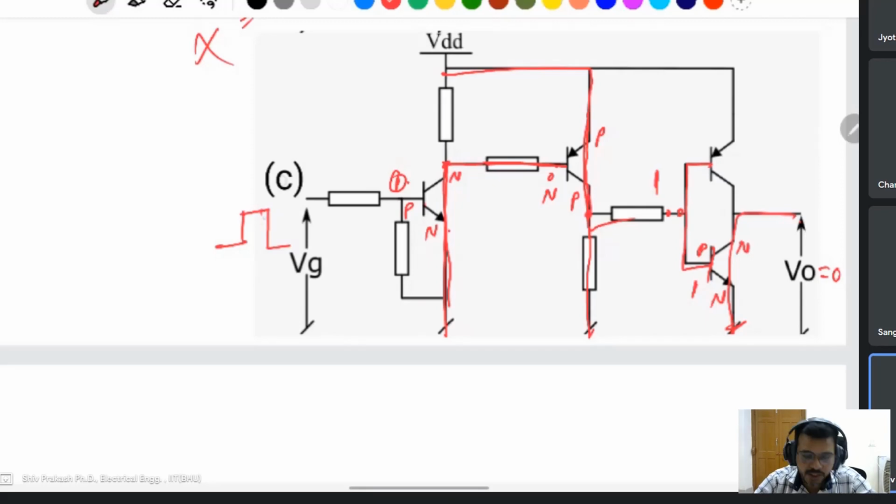It means the pulse is high, the output will be 0 because of this one. If this one is high, it means the same voltage appears here, then this will be high. The transistor will be on. This transistor will be off. It will behave like an open circuit, but this one will be a short circuit. Then the output voltage is directly connected to the ground, so it will be 0.